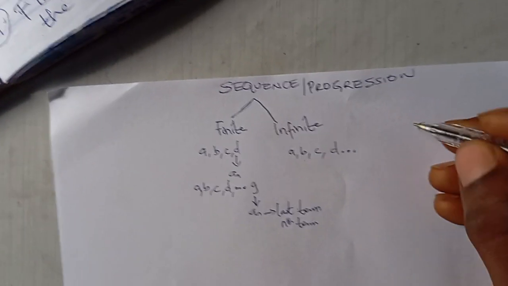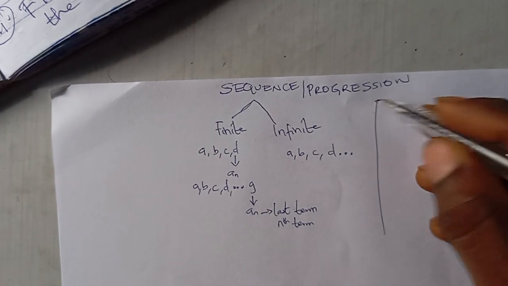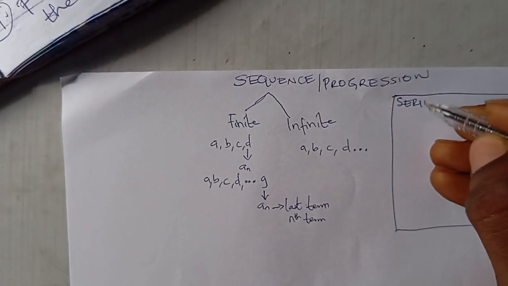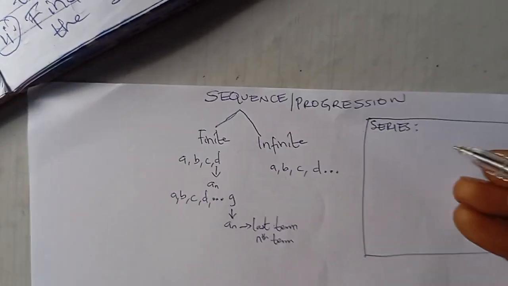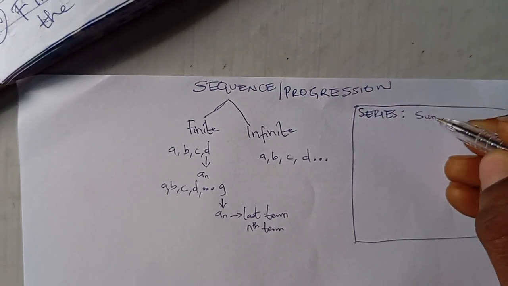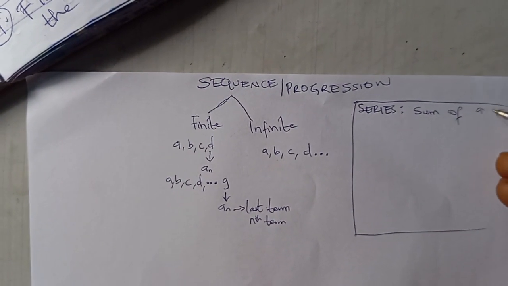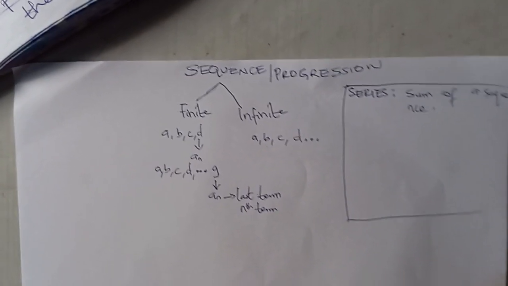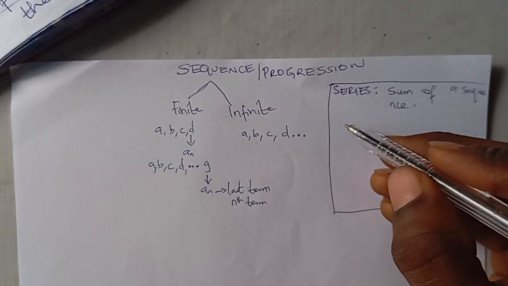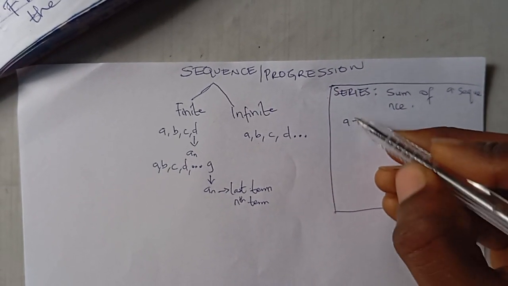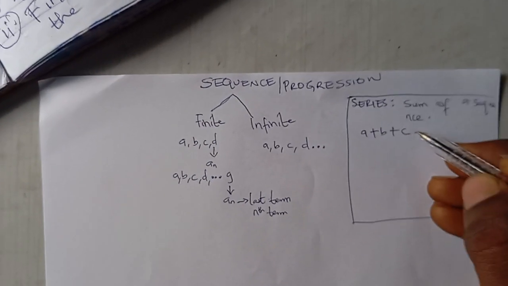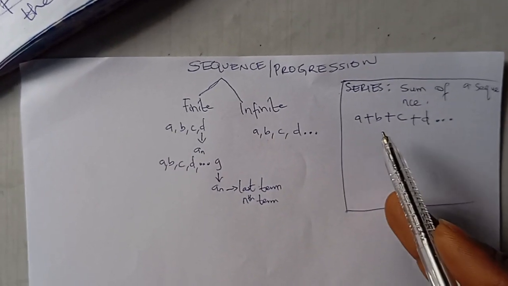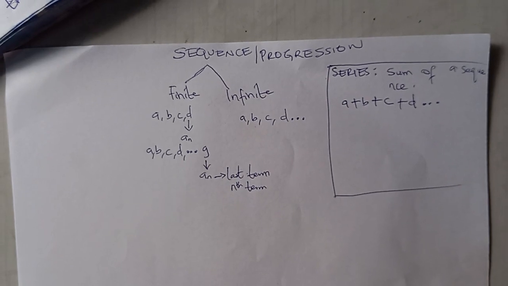Now under sequence we have what we call series. We define a series as the sum of a sequence. So instead of having A, B, C, D, I come and see A plus B plus C plus D plus dot dot dot, this is an infinite series.